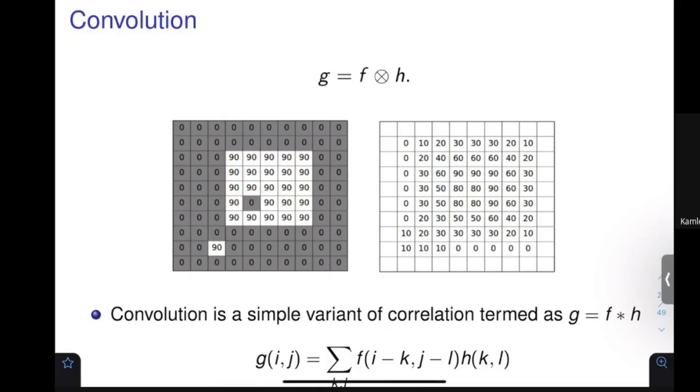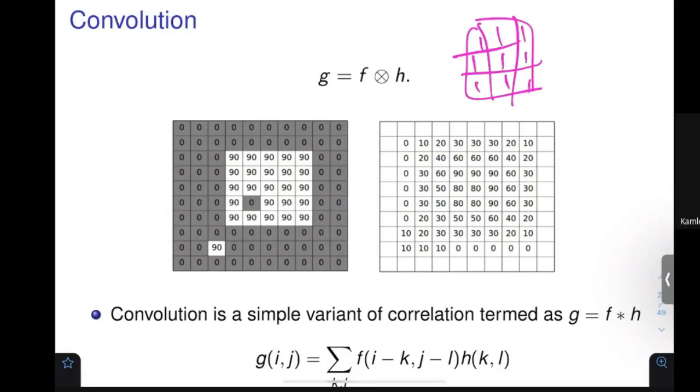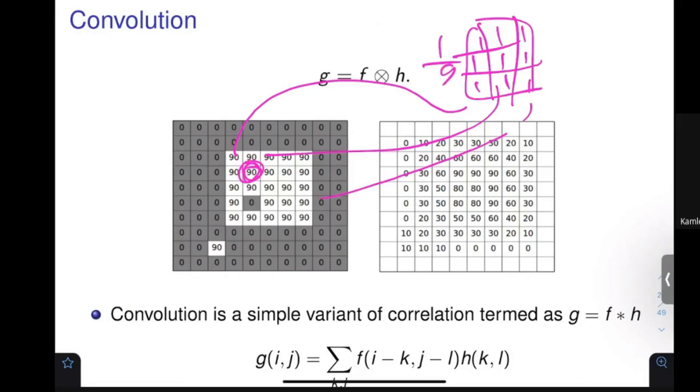Once again, what do I mean by kernel? You are going to use a 3 by 3 matrix where the values are 1 1 1 1 1 1 1 1 1, and you multiply 1 with 90, 1 with 90, and out of the sum you divide by 9, and whatever you get you put at this particular place. If you do this, you are going to get a better representation because this particular place becomes 80.